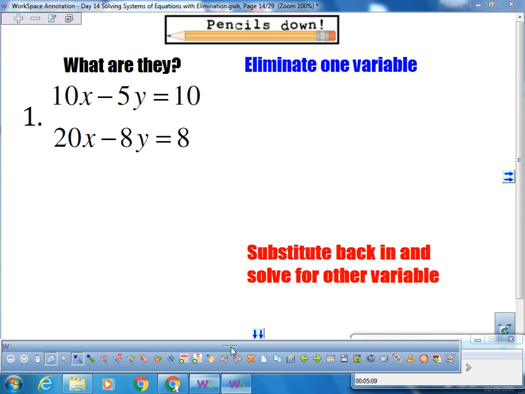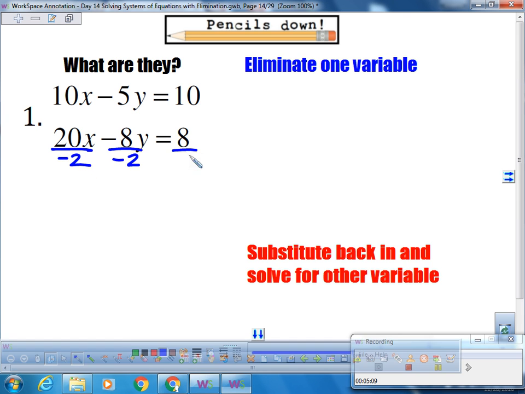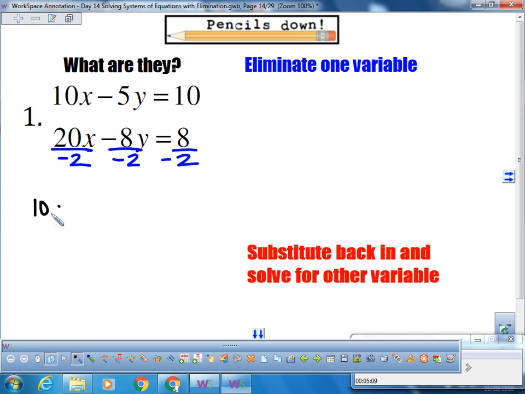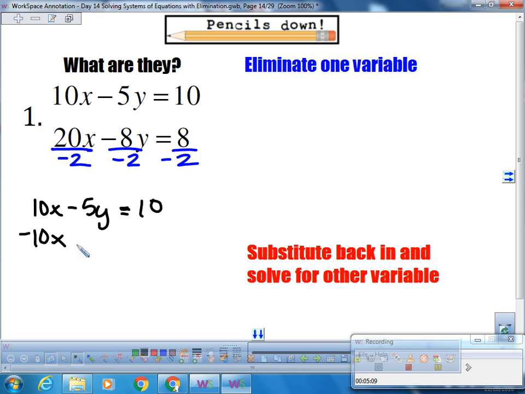So I'm going to divide this bottom one right here by negative 2. When I divide everybody by negative 2, I now have a new system. It's 10x, or a system that looks different, equals 10. And this is going to be negative 10x, and this is positive 4y, and this is negative 4.